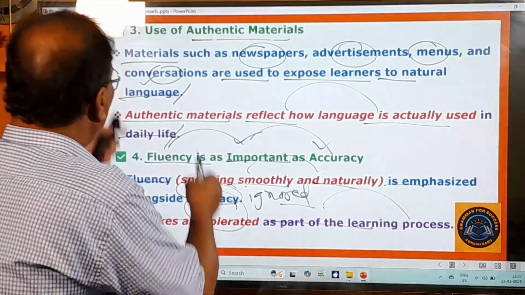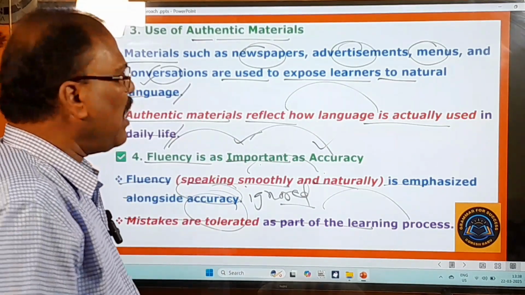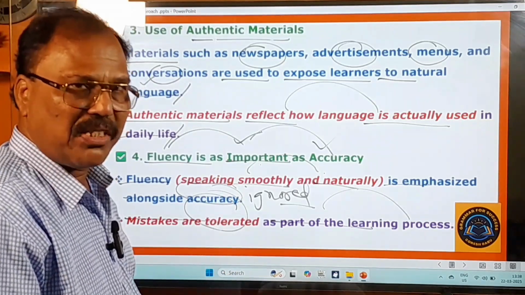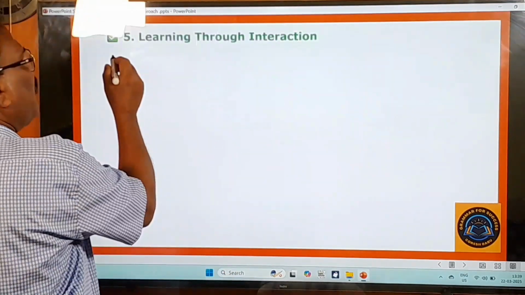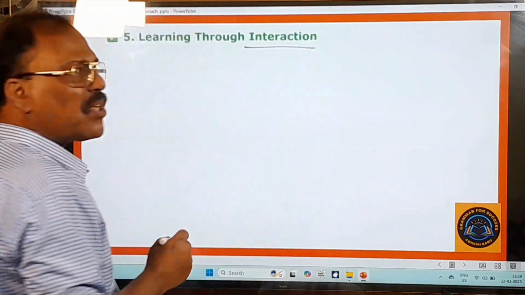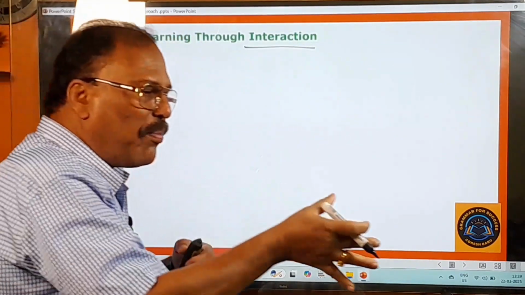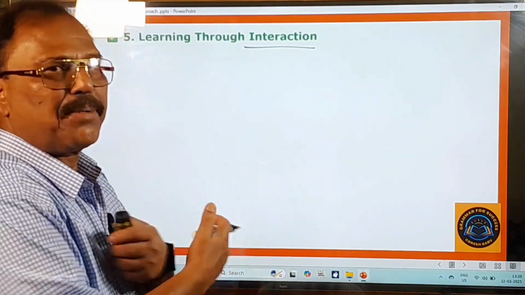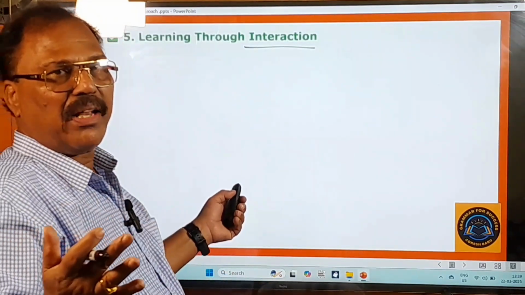And these are the important features you have learned so far. Now let us move on to learn some more important features of this CLT. The fifth feature of this CLT is learning through interaction. Interaction means communication. Only through communication can you learn so many things. If you just keep silent, you cannot learn the target language.